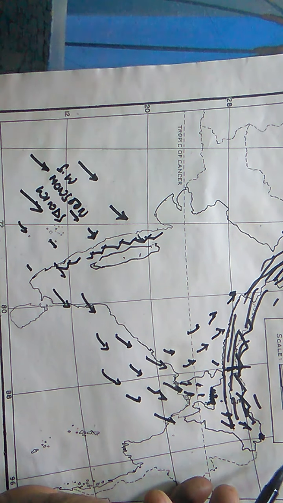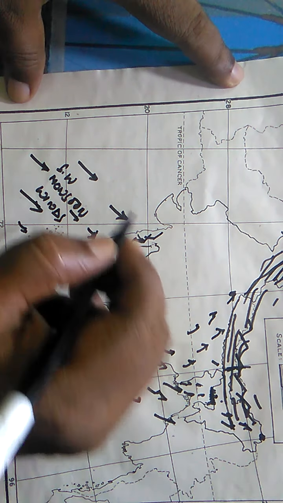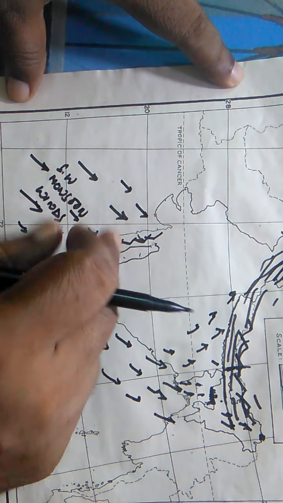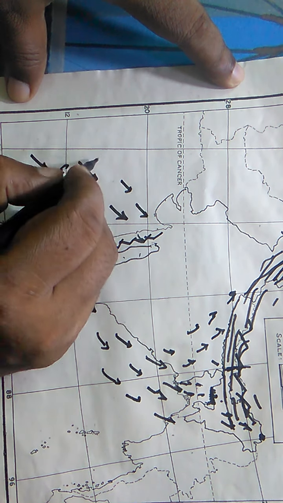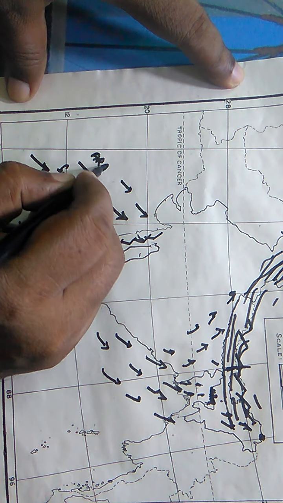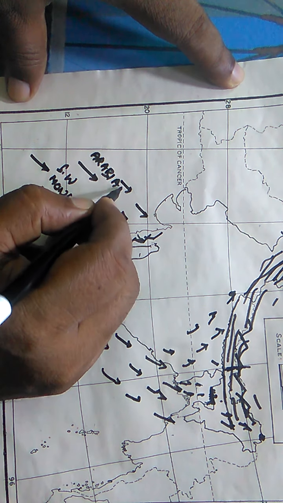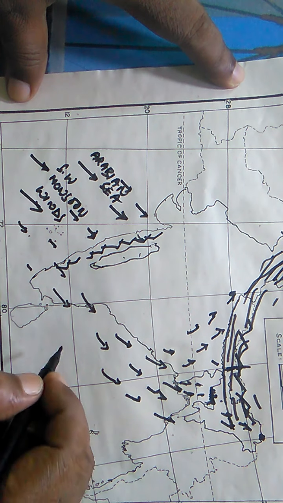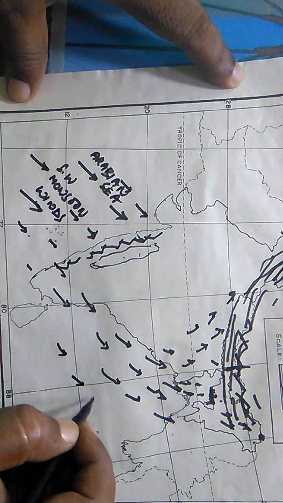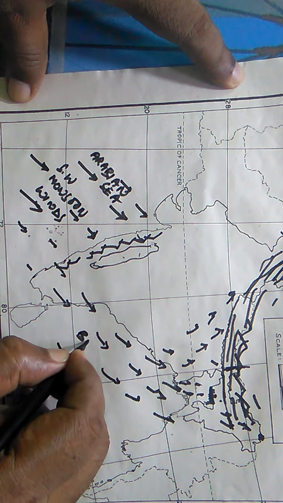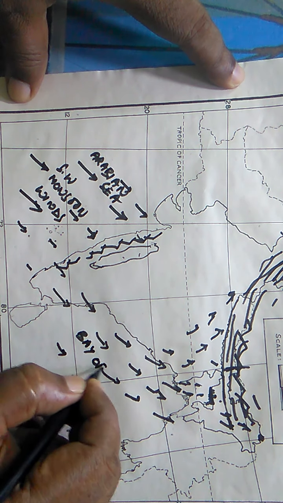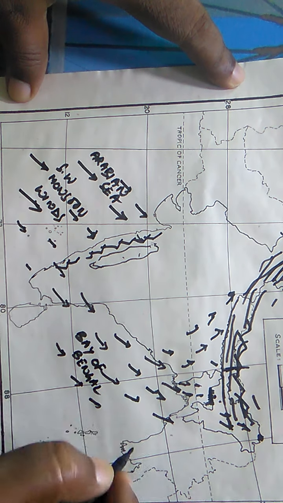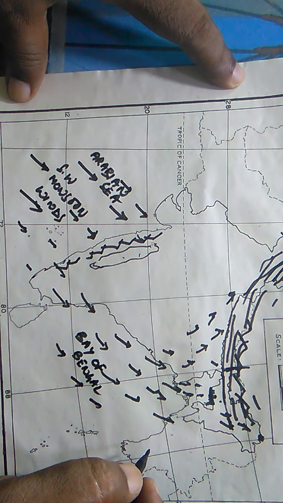Now coming back again to the monsoon. These monsoon winds which come from this direction are known as the Arabian Sea branch of monsoon winds, and the ones which come from this area are known as the Bay of Bengal branch of monsoon winds.